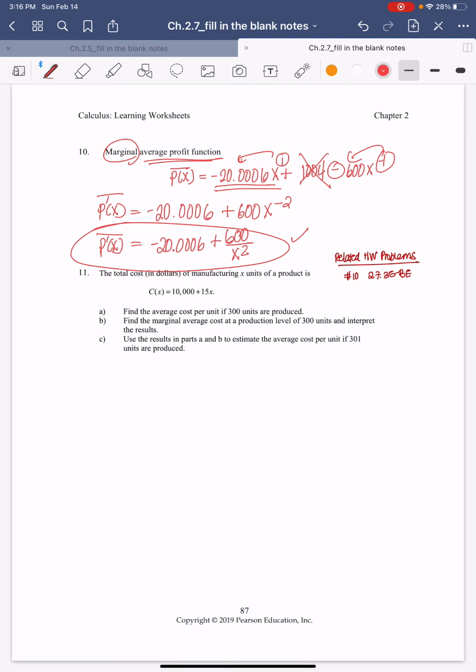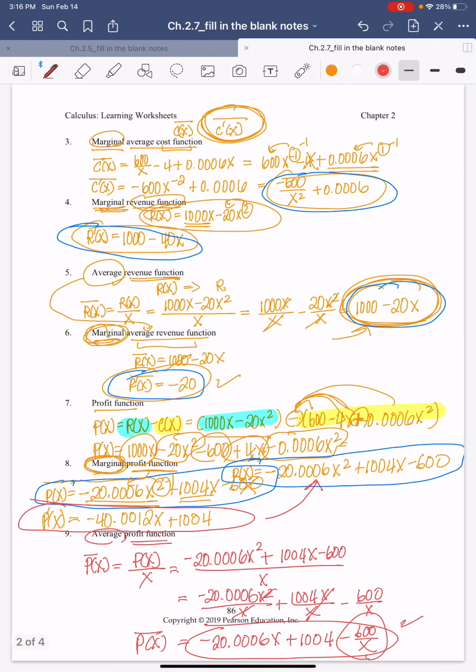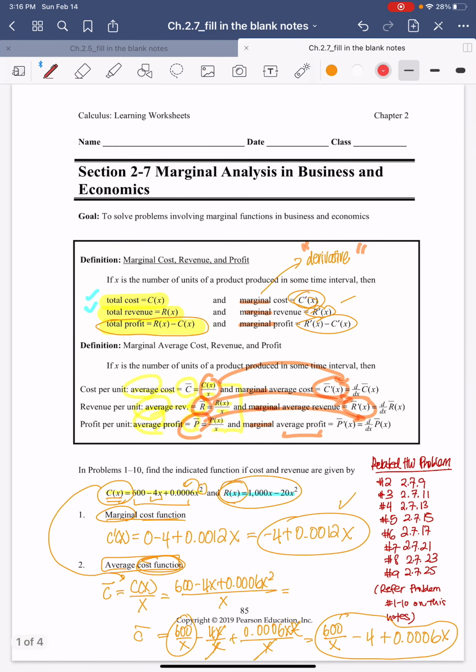So we went very fast, but at the same time, these 10 term definitions are not too bad. You just look for the keyword and look for the adjective, and that will tell you what to do: average, or take the derivative. Okay?